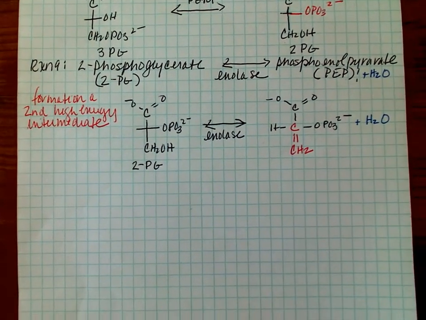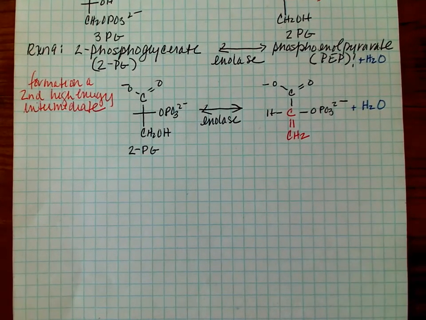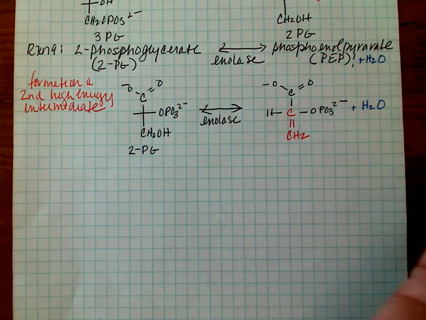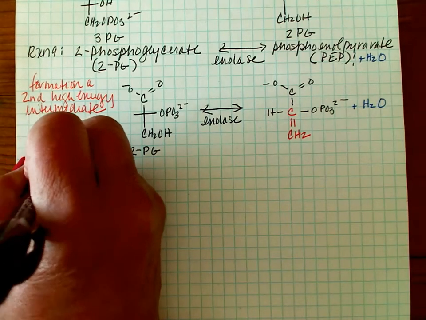And the last reaction, we produce 2 ATP because we have, remember, 2 PEPs that are going to be fed into reaction 10.